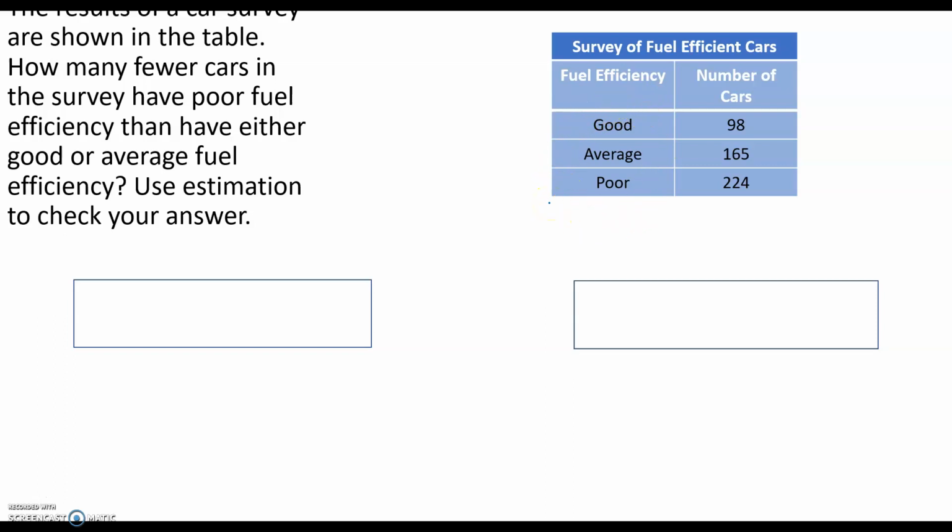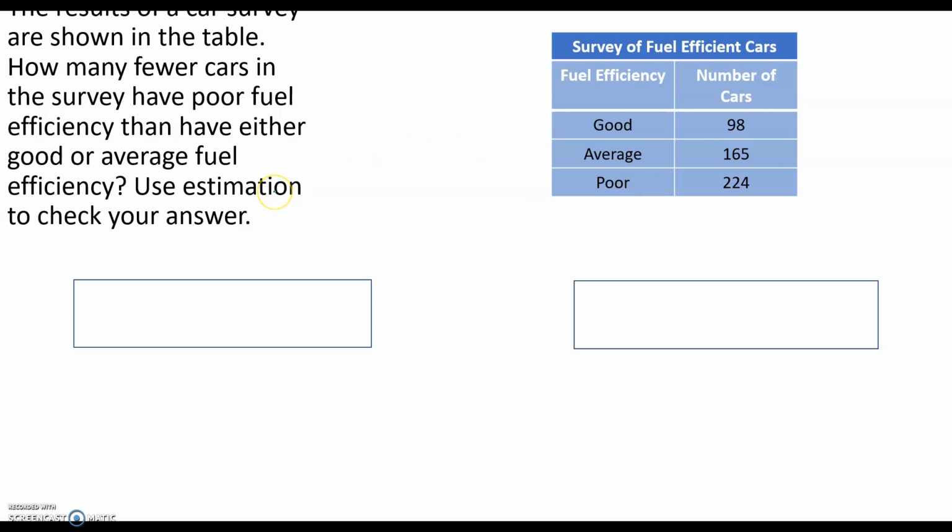So can it go a really long time without having to stop and buy gas, or do you have to stop for gas pretty often? If you look at this table, we can see that 98 cars in the survey have good fuel efficiency, so you don't have to stop for gas very much. 165 cars have average fuel efficiency, and 224 cars have poor fuel efficiency, meaning you have to stop for gas a lot.